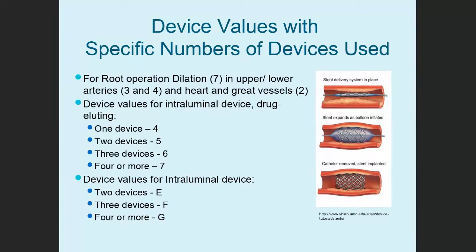So device values for intraluminal devices, drug-eluting, giving off a drug after placement: 1 device is 4, 2 devices is 5, 3 devices is 6, 4 or more devices is 7. Now, device values for intraluminal device, meaning not drug-eluting: 2 devices is an E, 3 devices is F, 4 or more is G. So it gets very specific about the type of device and the number used.